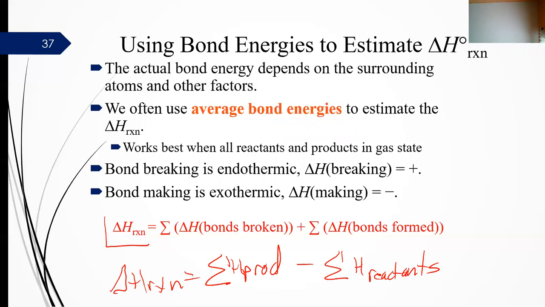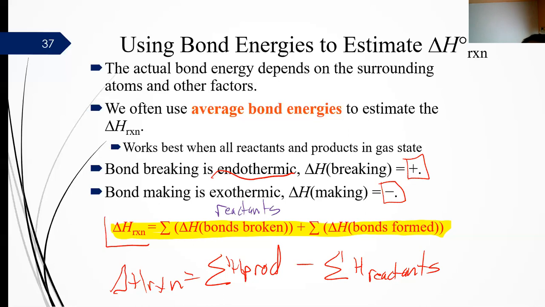It's how much energy we have to put in there to break. So all bond breaking is endothermic, so our delta H should be positive. And all bond making is exothermic, so our delta H is negative. So we end up with a different kind of reaction equation. Because when you think about our bonds being broken, that is kind of like our reactants.